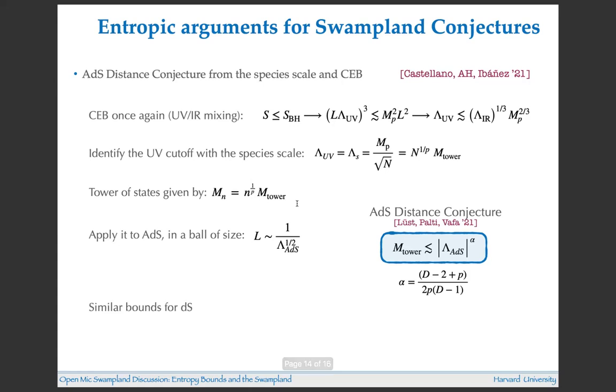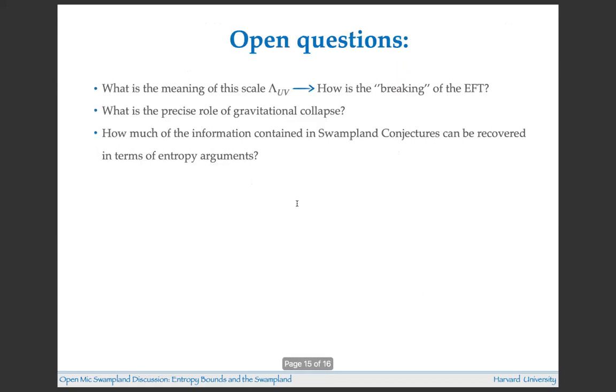So basically, what I want to do now is go to these open questions, and I will throw some questions to everyone in the audience, and then we can finally start the discussion. The first one was already there before, and it's really what's the meaning of this scale, this Lambda UV or this Lambda IR, or what is really the way in which the effective field theory is breaking?